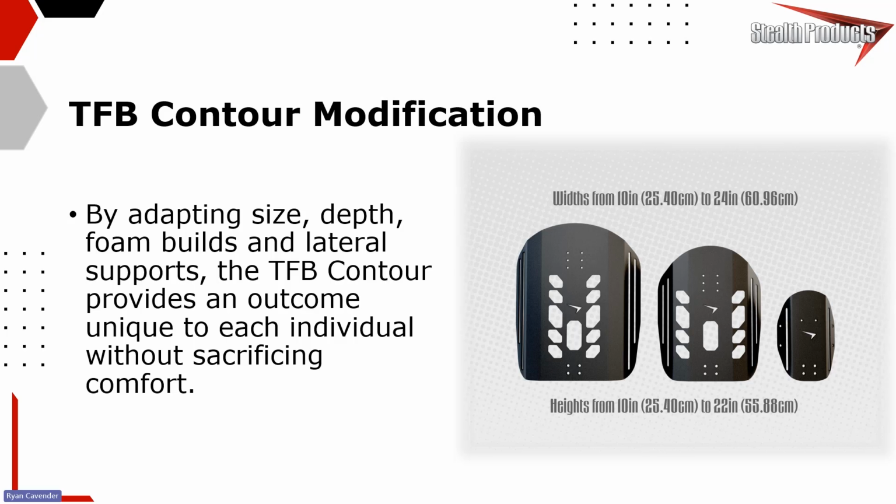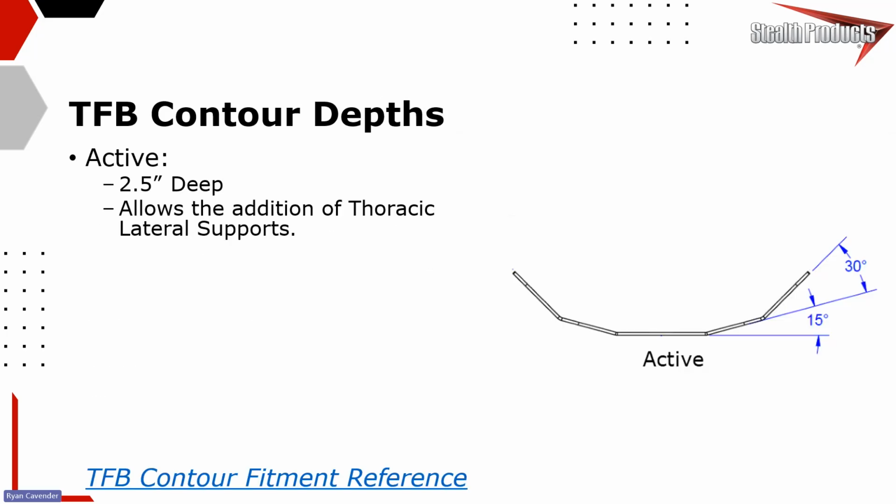Now, the effectiveness of this style of back support is really correlated pretty significantly to how it fits to that client shape. So that shape specifically is again modeled off of ADI. As an active depth TFB contour, its top-down profile, the view if you were to look straight down from the top of this backrest, is the same as our ADI series.